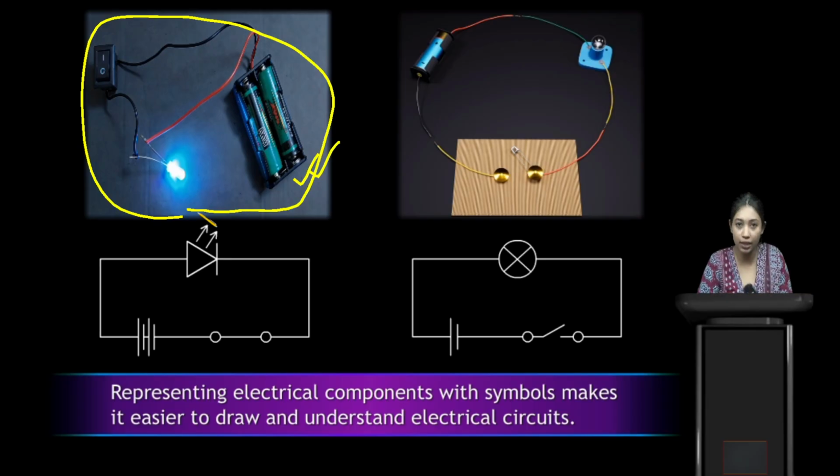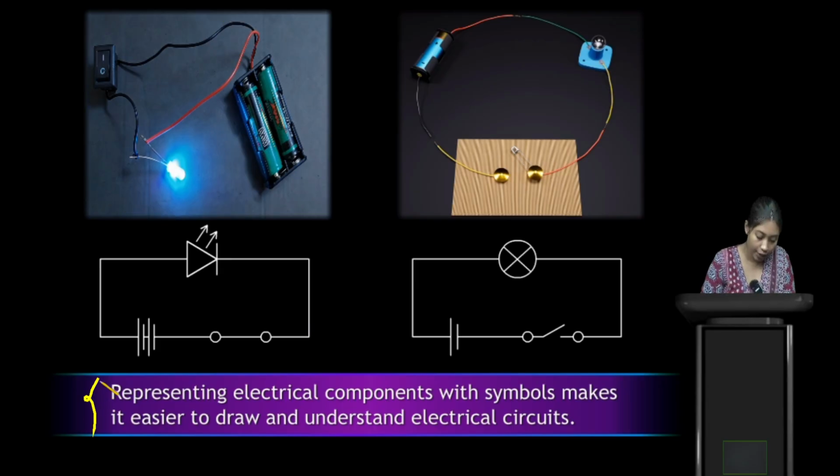It's a bit tough. But if you draw the next one using only their symbols, it will be a lot easier for us to understand and to draw. That's why it says representing electrical components with symbols makes it easier to draw and understand electric circuits better.